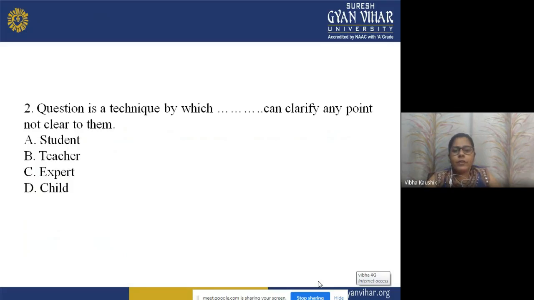Question is a technique by which dash can clarify any point not clear to them. The options are A, student; B, teacher; C, expert; or D, child, and the correct answer is the students. Now, a question is a technique by which a student can clarify any point that is not clear to him.